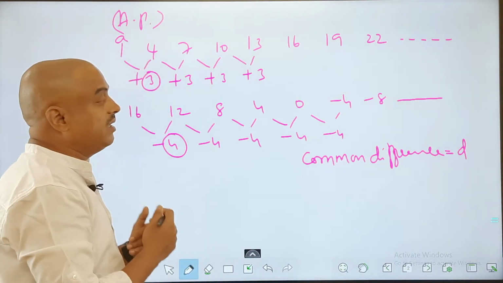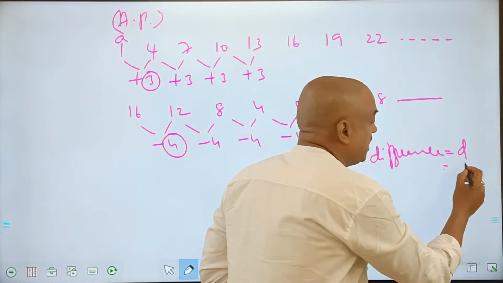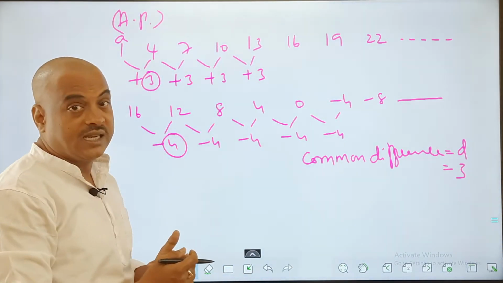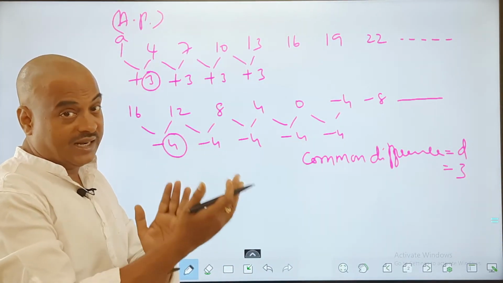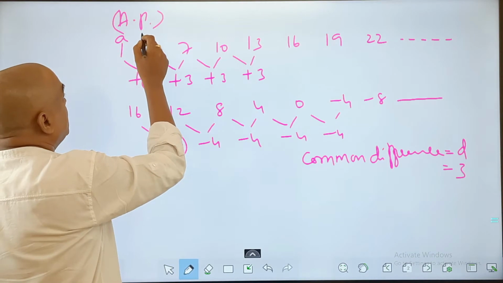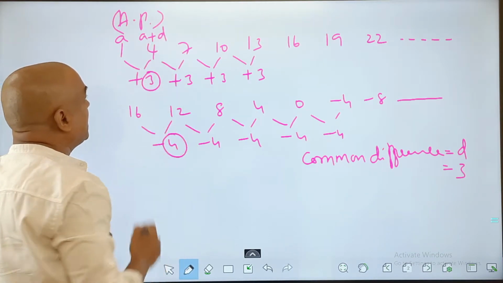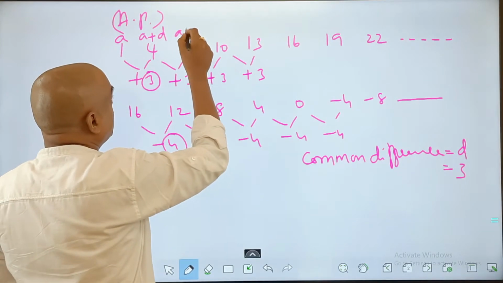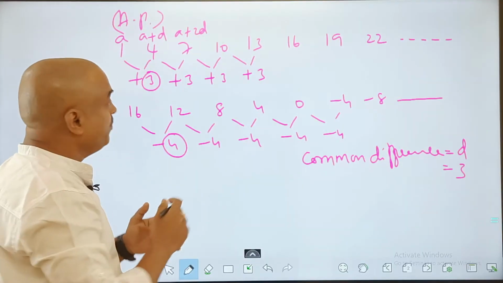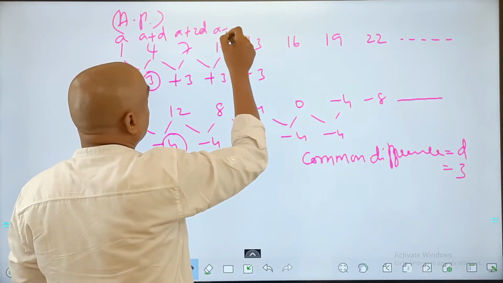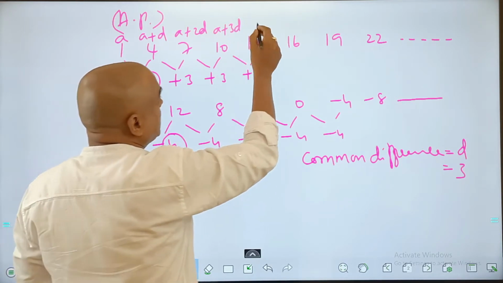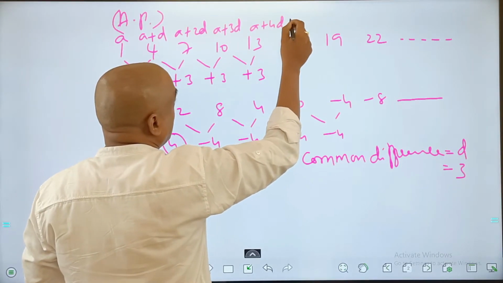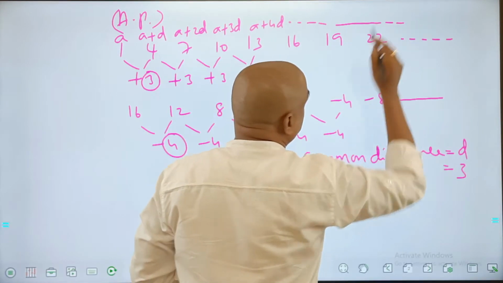And what is happening here? The D value is how much? 3 for the first series. So by increasing 3, I'm getting the second number. So that means this has to be A plus D kind of a number. 1 plus 3, 4. And again, to get the next term, again an increase of D. To get the next term, again an increase of D. And to get the next term, again an increase of D. And this process continues to happen.